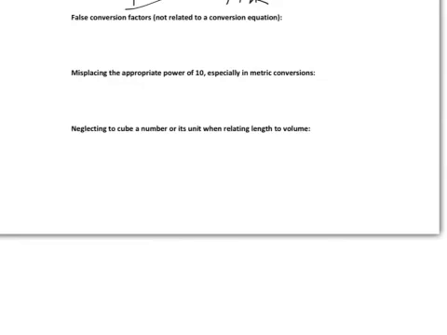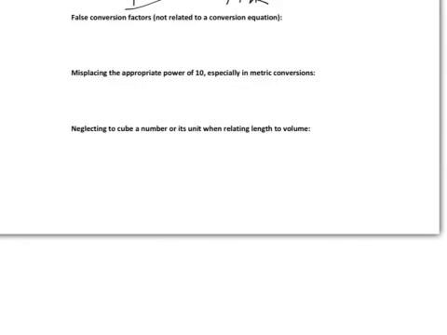Another is to use false conversion factors. In a very complicated problem, you might see all kinds of quantities given, and you might get confused about what exactly is a conversion factor and what isn't.